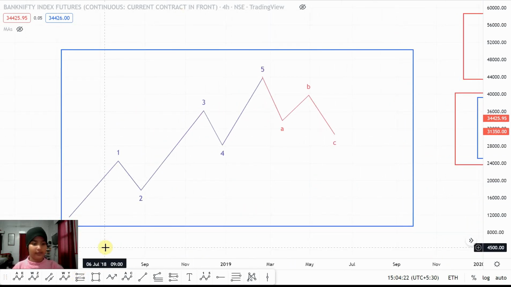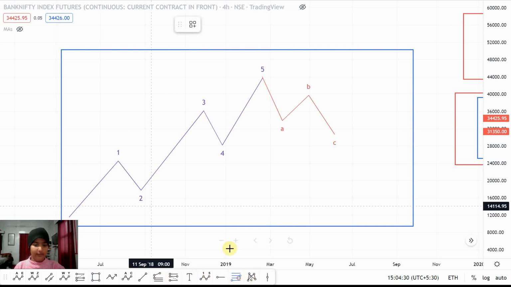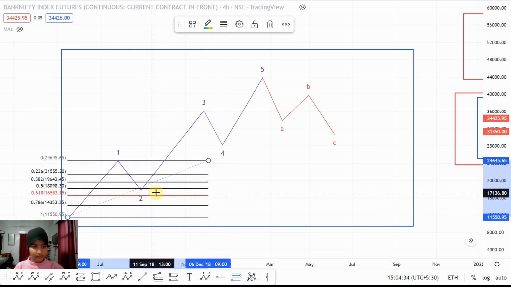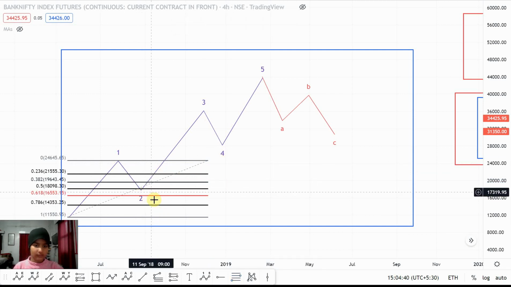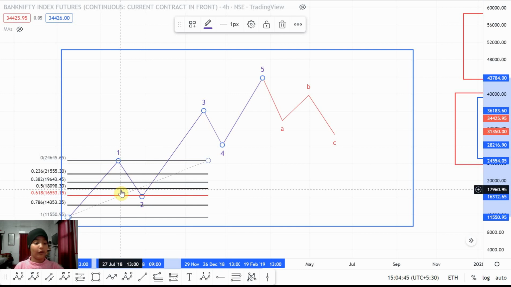That is the rules, 3 rules. Now let's put a fib to see where our second wave has gone. Our second wave generally goes to the level of golden ratio, which is 0.618.